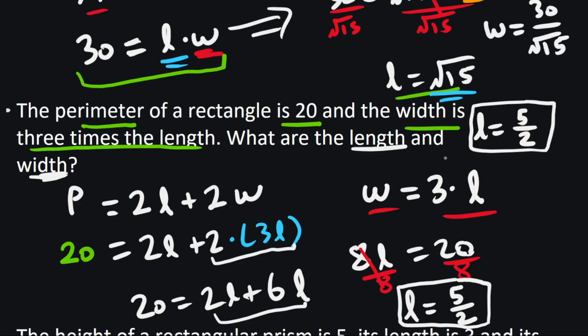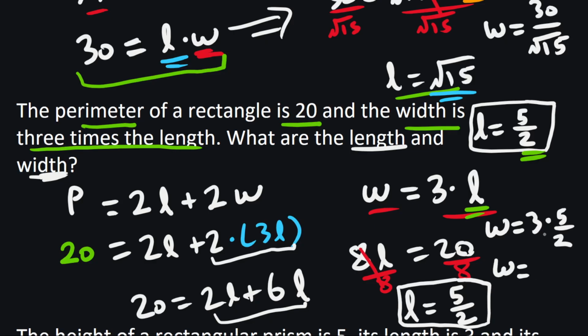Perfect. So our L is 5 over 2, and now what's our W? Well, we can actually go back to this formula right here. W equals 3 times L. Perfect, so let's go ahead and use that. So W equals 3 times L, and we know what our L is, because we just found it. It is 5 over 2. So W equals 3 times 5 over 2.